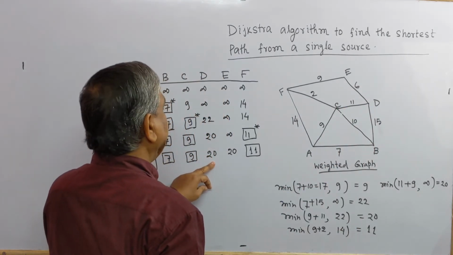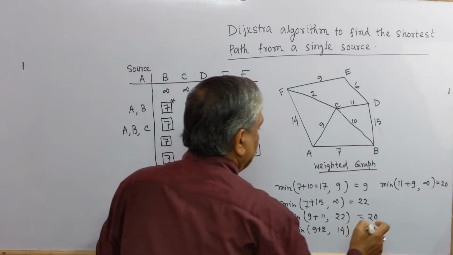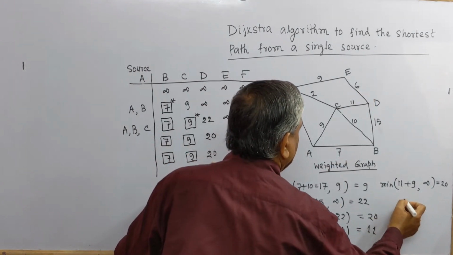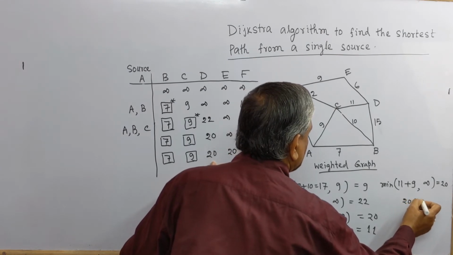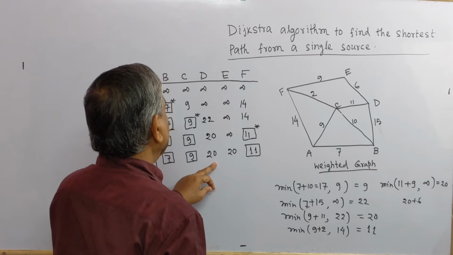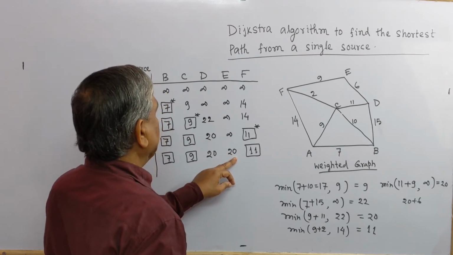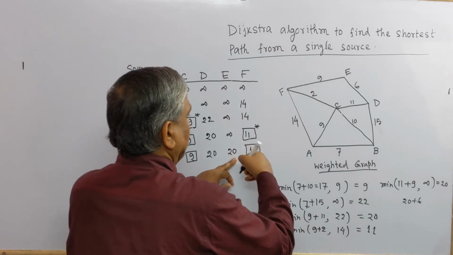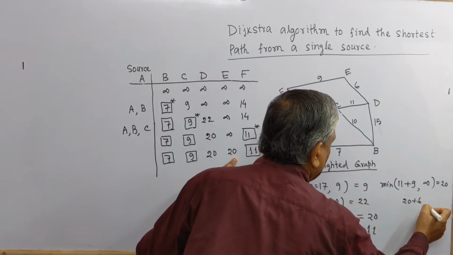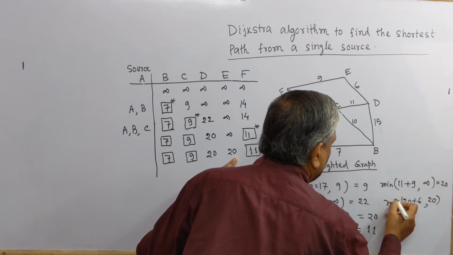Already D is 20 and here 6. 20 plus 6 is 26, and earlier it was 20 for E. We have to find the minimum of these.